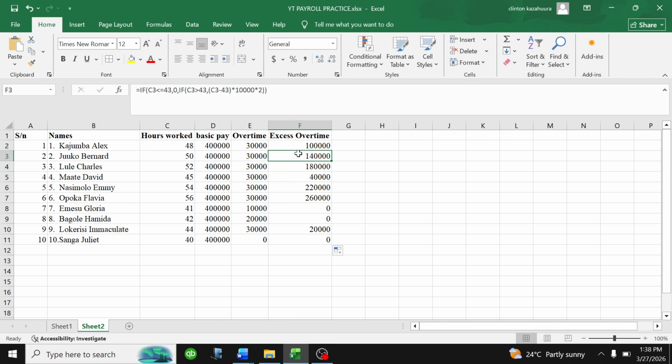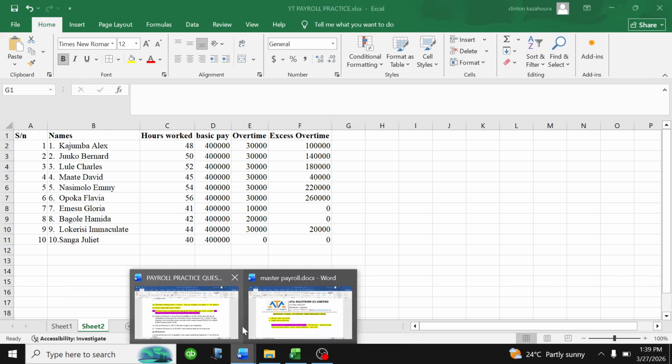Yes, 50 minus 43 gives us 7. Then 7 times 20,000 gives us 140,000. So that is how you test the formula if it is correct. So it is simply a matter of understanding the condition, then you satisfy it through the if condition that you put there.